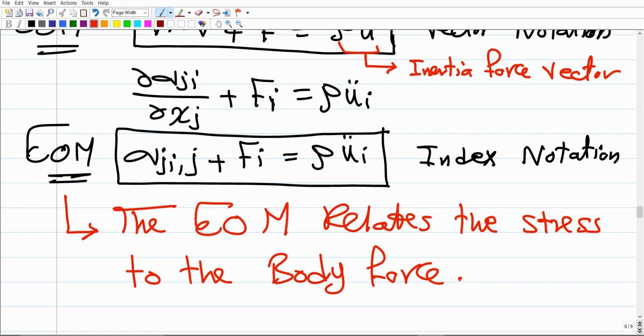As you can see, sometimes I say equilibrium equation, then I change to equation of motion. Is there any difference between them? Actually, there is no difference.